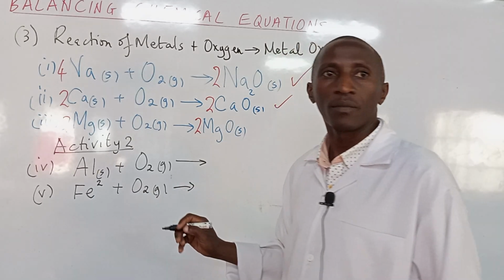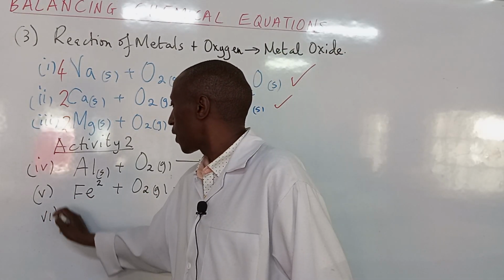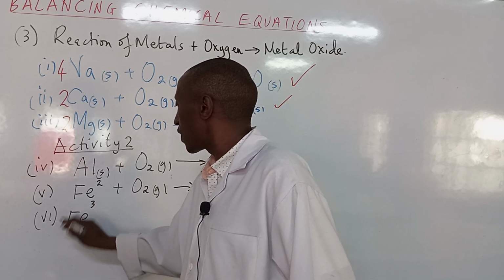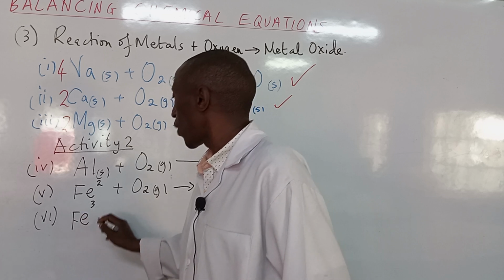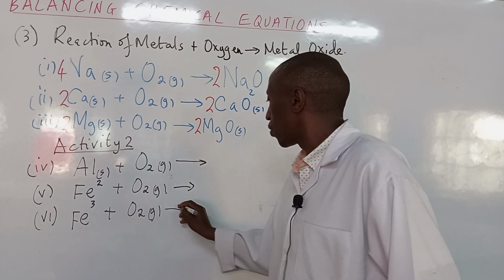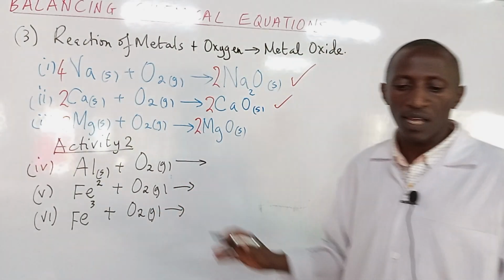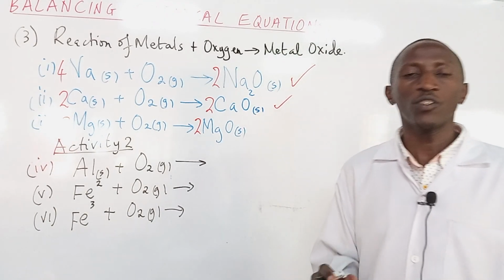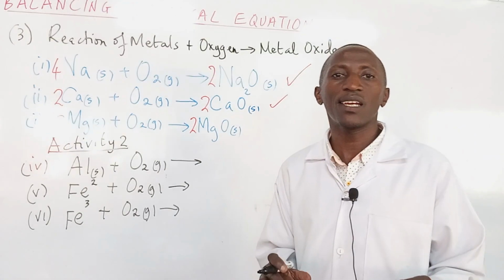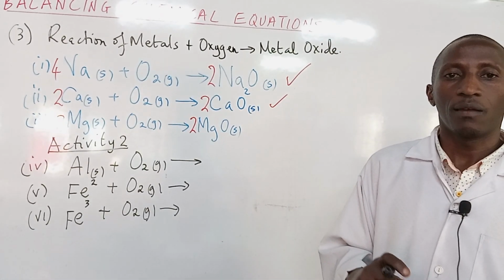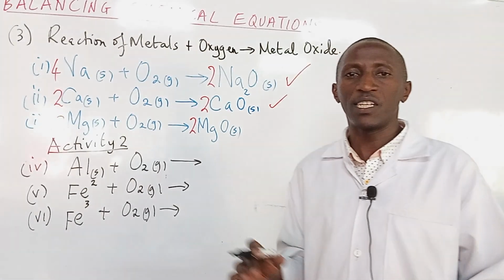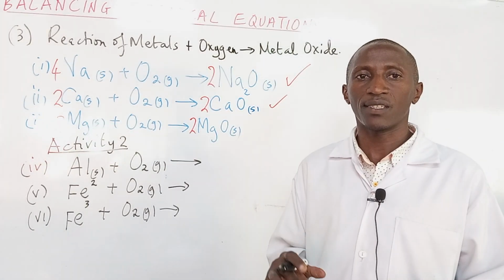And part 6, we have this other valency of iron, which is iron 3. When iron 3 reacts with oxygen, what is formed? So take 1 minute to answer on this. We can pause the video and work out this activity, because I would like this lesson to be as interactive as possible. So take 1 minute, pause the video, work on it, and soon I'm going to provide the answers in the program.